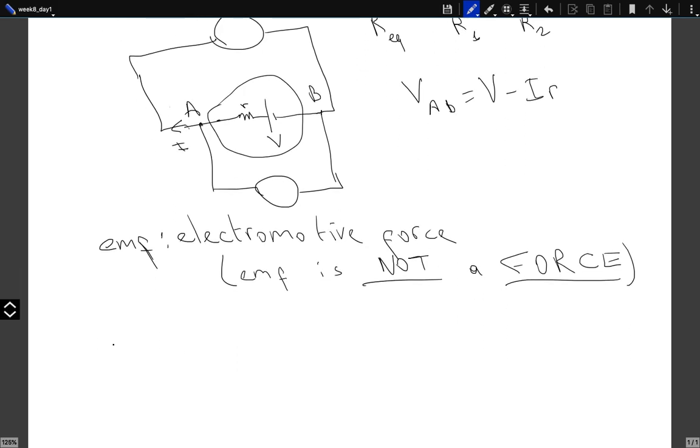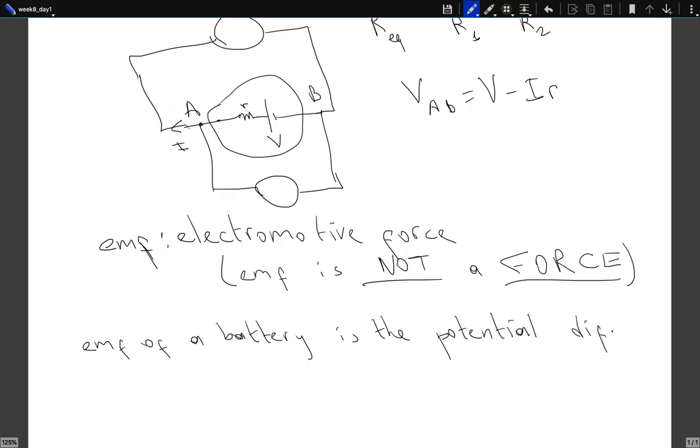And for a battery, for example, the EMF of a battery is the potential difference across the terminals when I is equal to 0.